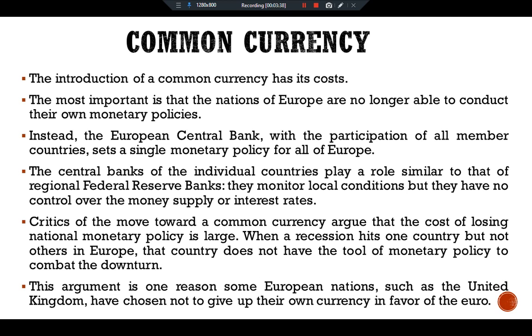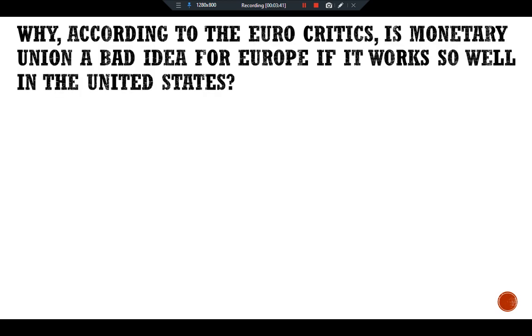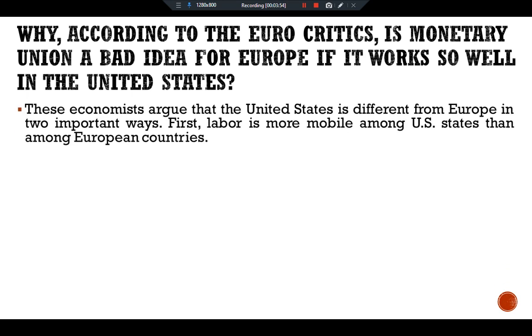Okay, here we have one of the main questions: why, according to the euro critics, is monetary union a bad idea for Europe if it works so well in the United States? So these economists argue that the United States is different from Europe in two important ways.